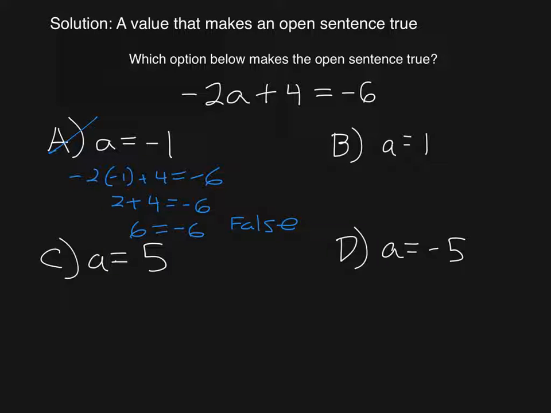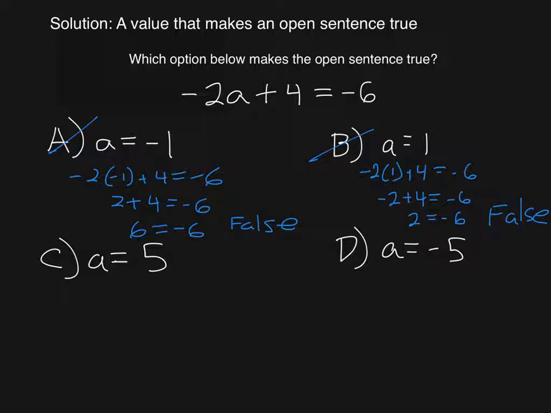Option B, we have a equals 1. Let's test that. Negative 2 times 1 plus 4 equals negative 6. Negative 2 times 1 is negative 2, plus 4 is positive 2. So now we have positive 2 equals negative 6. This is also false, so 1 is not a solution because it did not make this open sentence true.